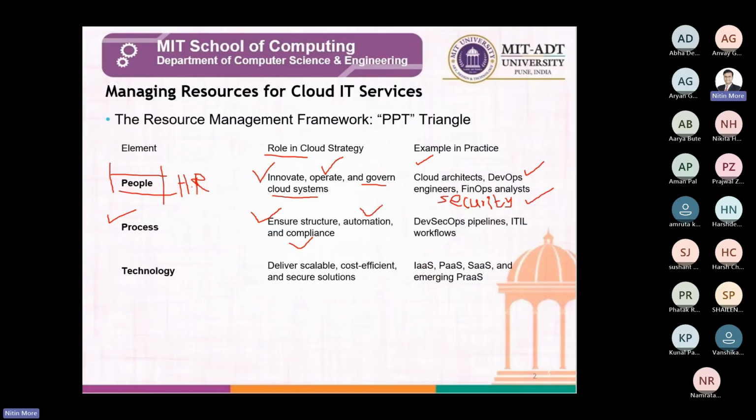Let's take an example of some case study, a real time example. Let's say a startup wants to deploy certain apps using platform as a service, right? Without a process, with manual deployment, maybe frequent errors and downtime happen, right?